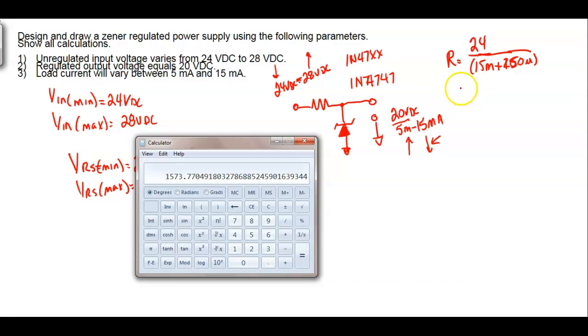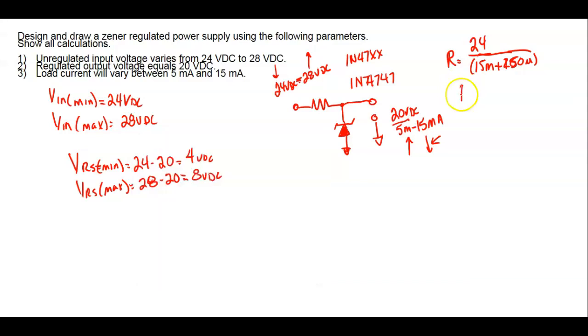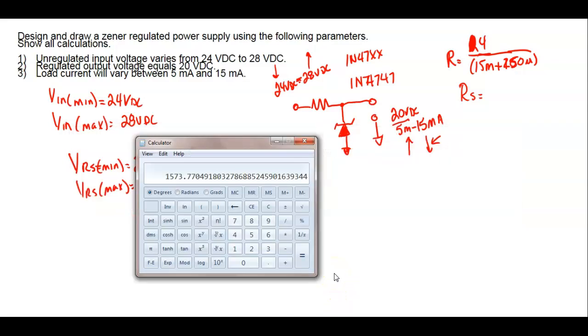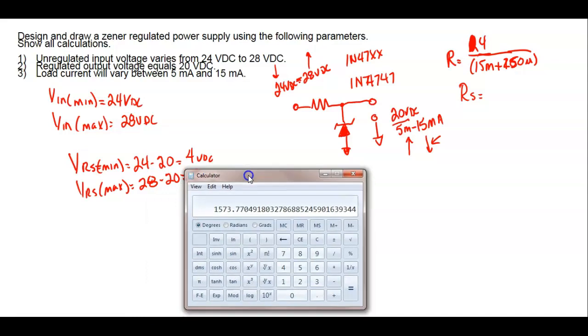So RS, is this right? Yeah, VRS minimum, which is what? 4 volts.